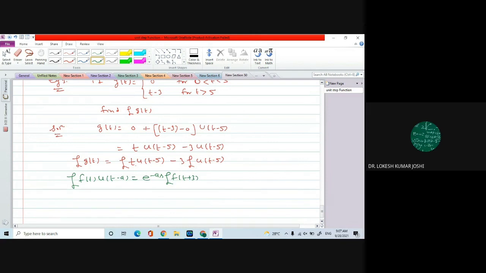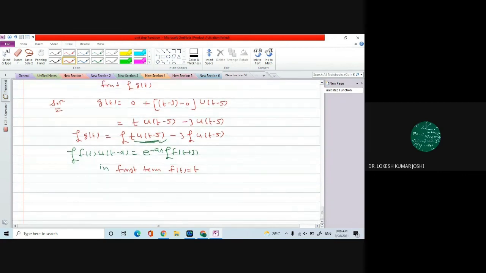If we see the first term, f(t) equals t. Therefore, the Laplace transform of the first term will become e to the power minus 5s, Laplace of f(t plus a). In this case, a is 5, therefore this one will become Laplace of t plus 5.